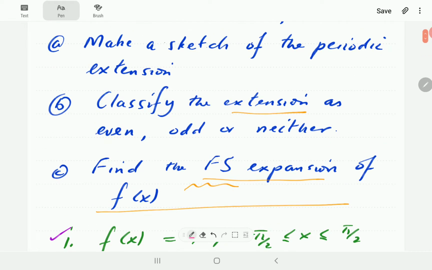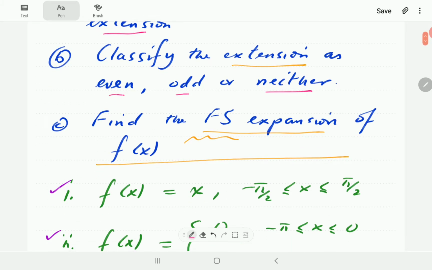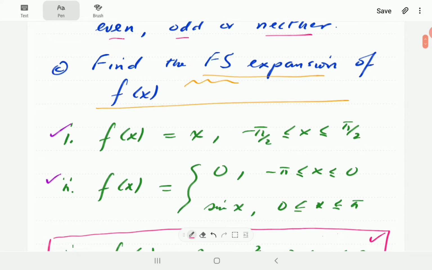For this example, we want to make a sketch of its periodic extension, determine whether the extension is even, odd, or neither, and then find the Fourier expansion of this. If you haven't, you can still pause the video and have a go at the example before you compare with our solution.